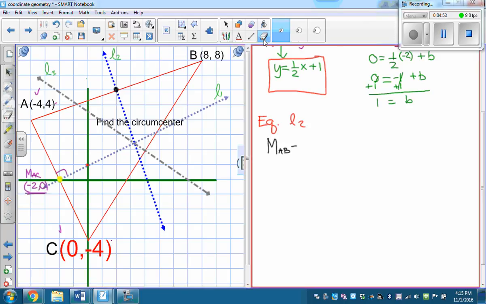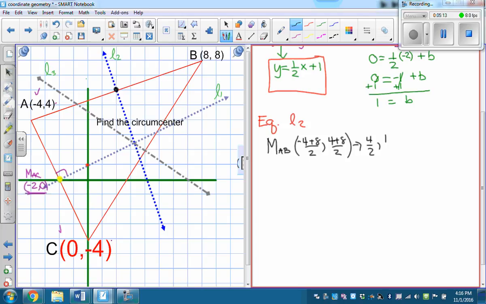And that would be averaging the x's. So negative 4 plus 8 divided by 2, and 4 plus 8 divided by 2. So that is 4 over 2, 12 over 2, and that reduces to 2, 6.